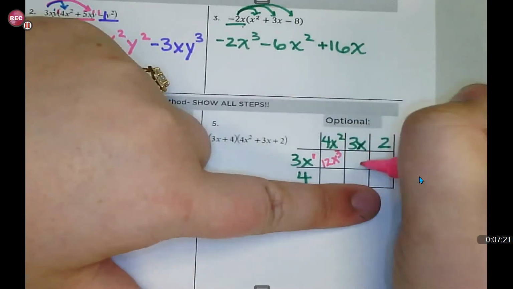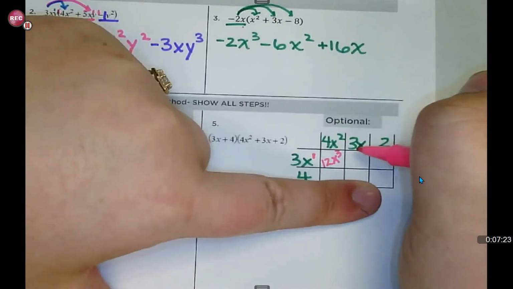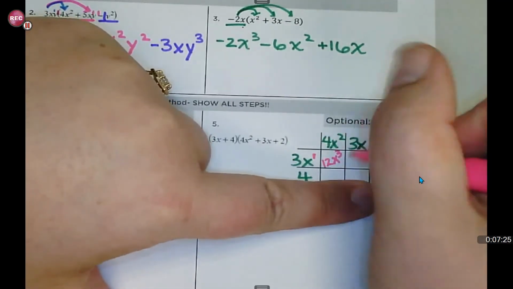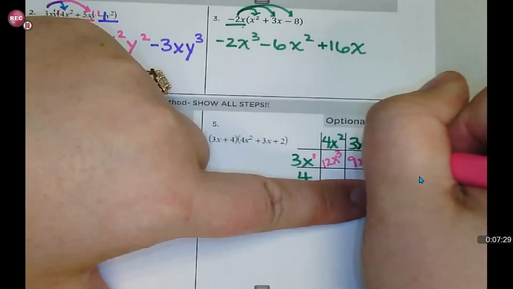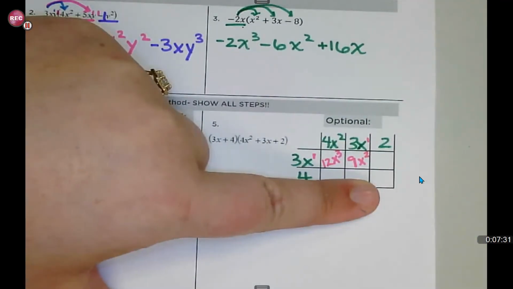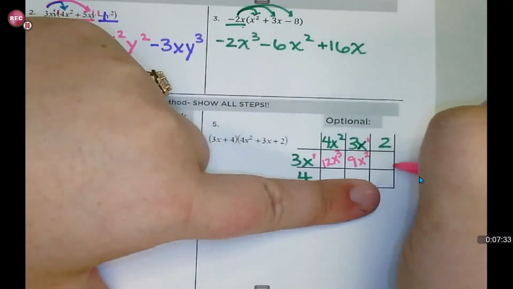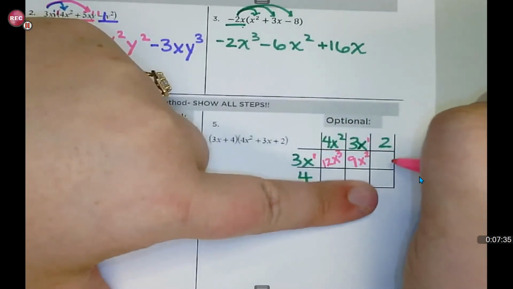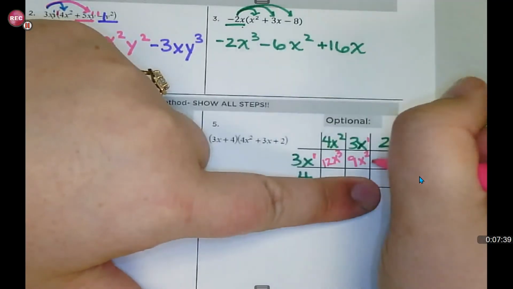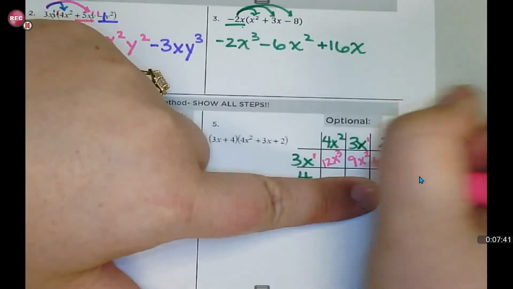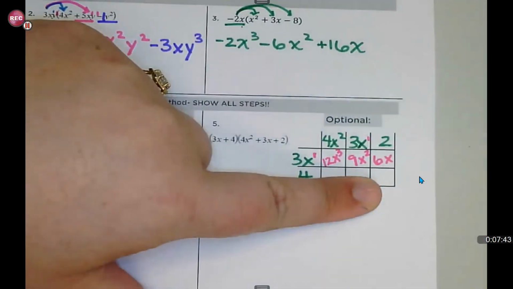Then 3x goes to the second box, times 3x. 3 times 3 is 9, and then x to the first, that's x squared. And now 3x is on my last box, 3x times 2, so 3 times 2 is 6, and then between those, there's just 1x.